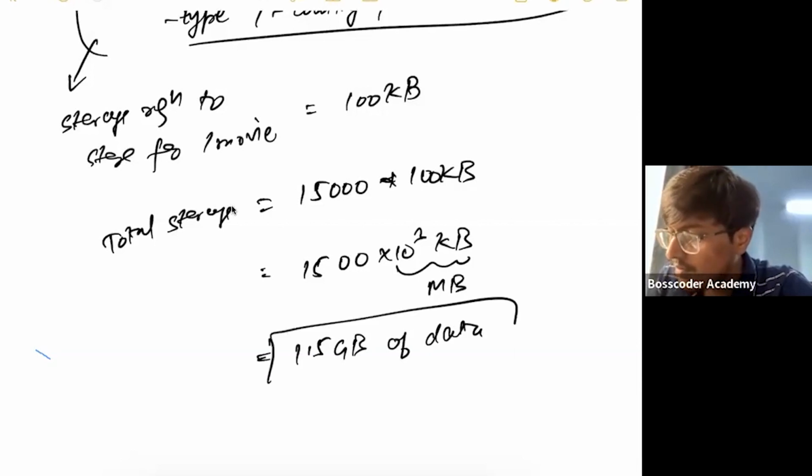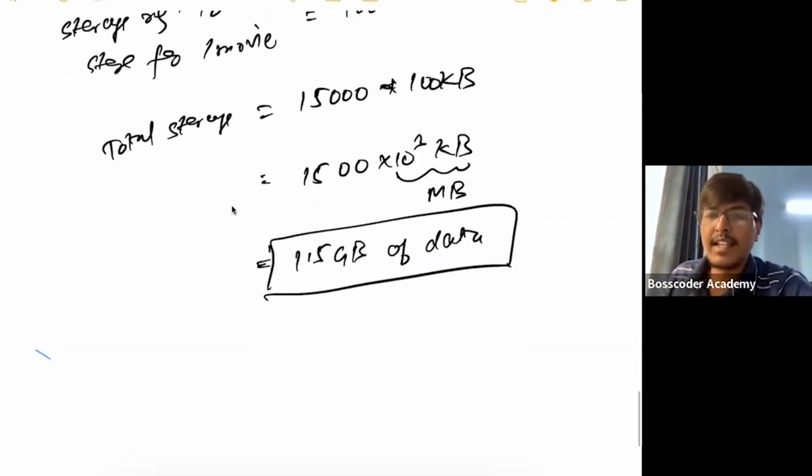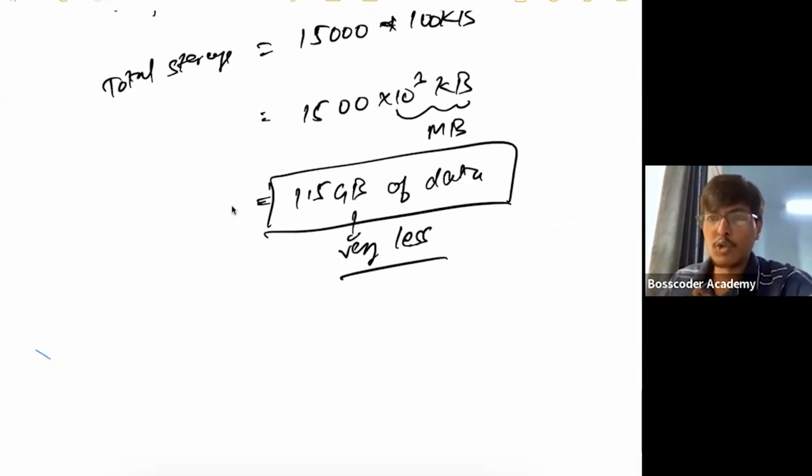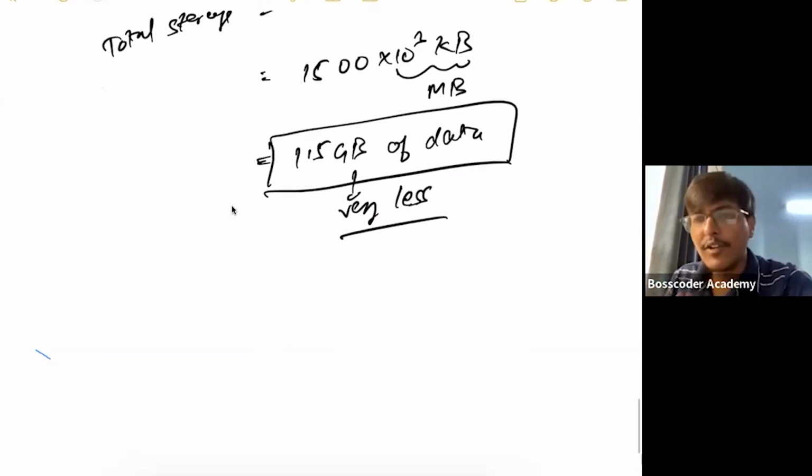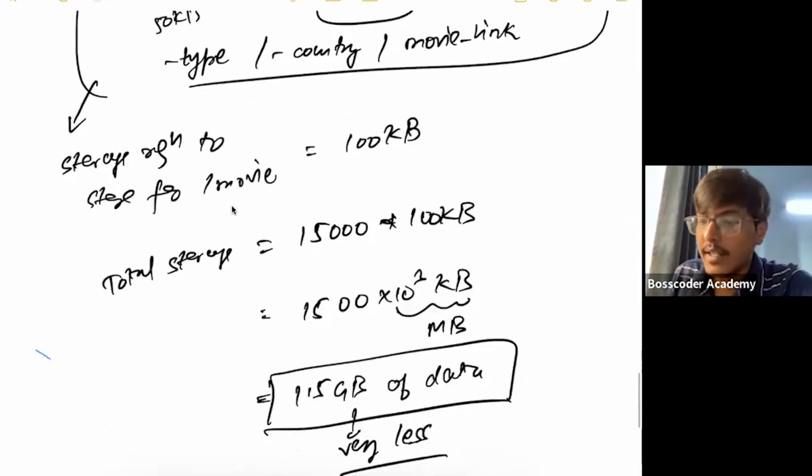Is it very huge? This is very less, right? 1.5 GB is nothing. So we don't have to think really about scale here. We definitely have to store this, but not really think about scale. Which type of DB we'll use, we'll talk about in 2-3 minutes.